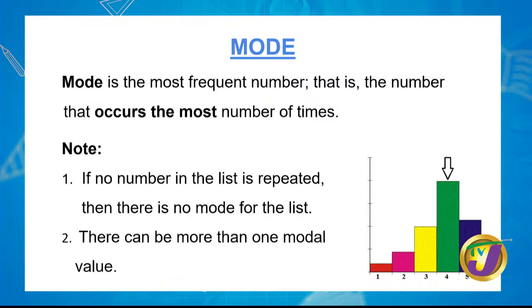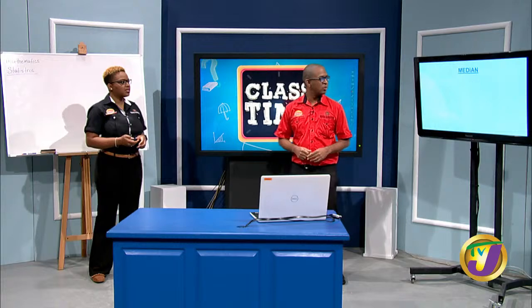There can be more than one modal value in the distribution. Okay, so you're saying that a data set or distribution can have one mode, it can have no mode, or it can have more than one mode. Yes, it can have many. Okay, all right.